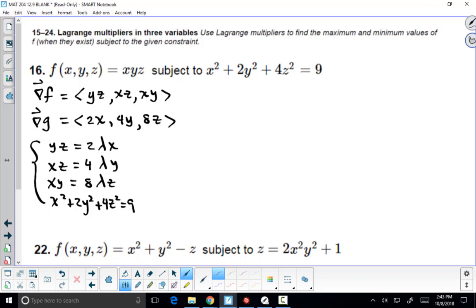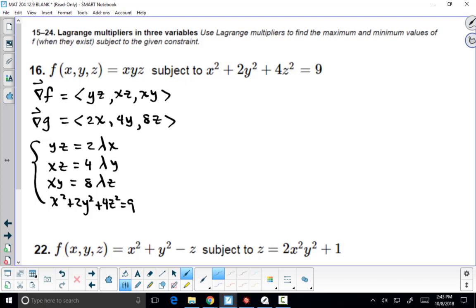If we multiply this by y and multiply that by x, we could get rid of lambda that way and get a relationship between x. Oh, well, we're still going to have 3 letters though, right? I think what we want to do, if we can use the constraint equation, is write y in terms of x somehow.